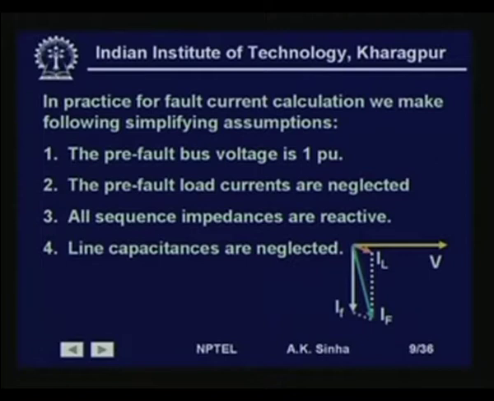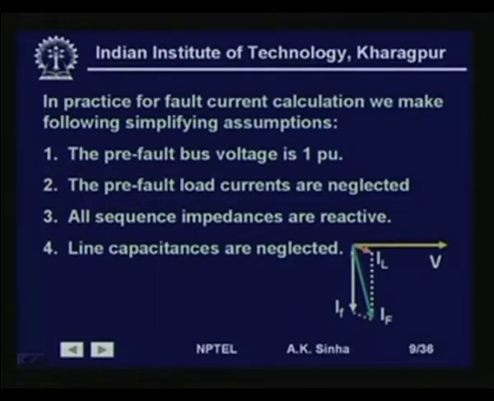So, basically when a fault occurs, it will be the reactive current which will be flowing, that is, the current that we get when the fault occurs will be something like this. So, on an unloaded system, if a fault occurs, the fault current will be something like this, that is, it will be lagging the voltage by almost 90 degrees.